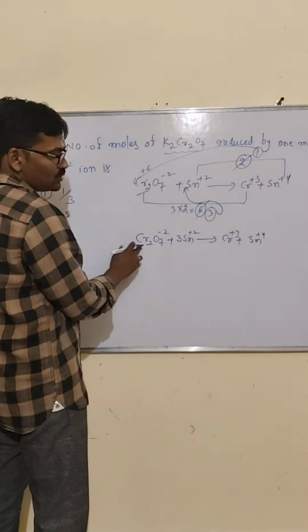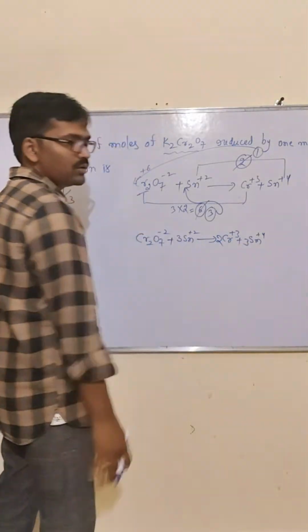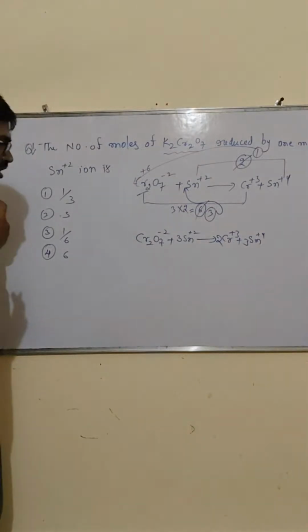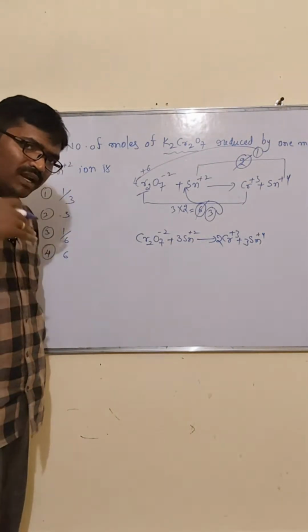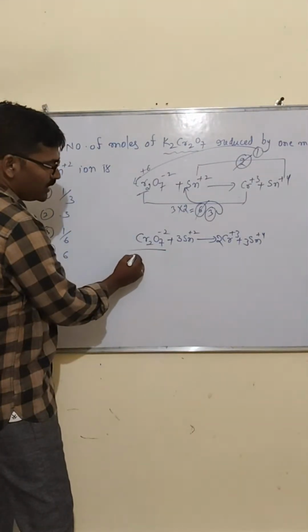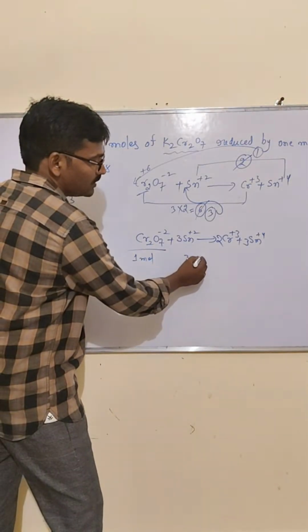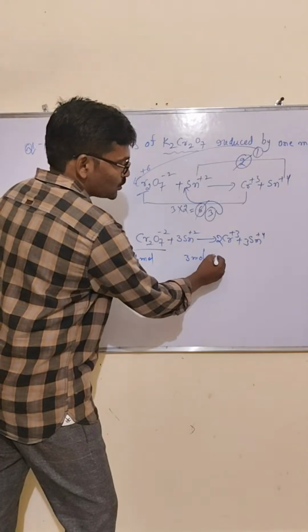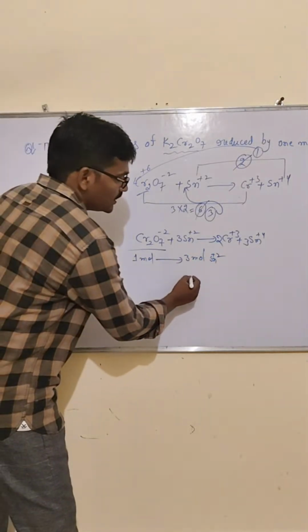To balance, 2 chromiums are there, so take 2 chromiums, and 3 Sn, so take 3 Sn. Looking at the whole equation, it is balanced. 1 mole of dichromate can reduce 3 moles of Sn plus 2.